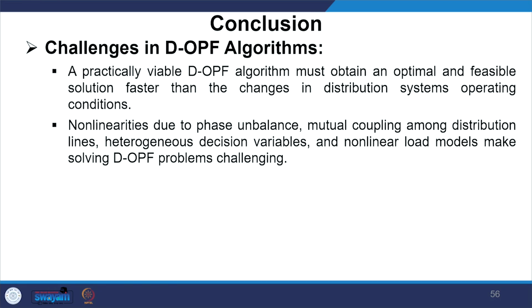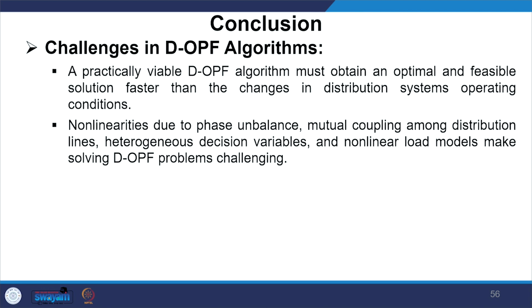A bit of concluding remarks; let us summarize what you have learned very quickly. So, the challenges in distribution OPF algorithms: a practically viable distributed OPF algorithm must obtain an optimal and feasible solution faster than the changes in distribution system operating conditions.